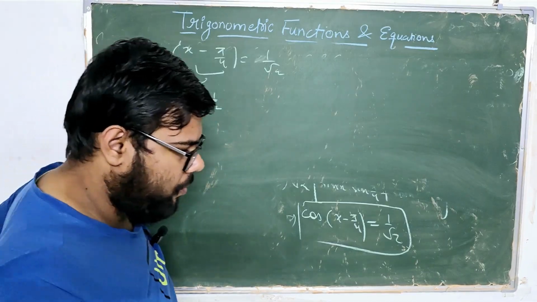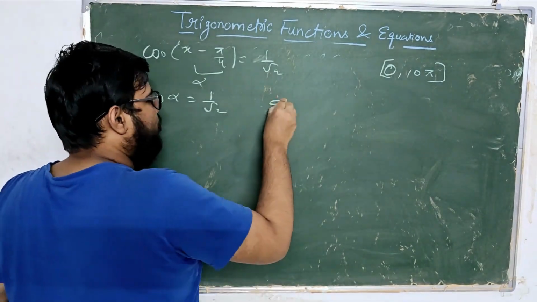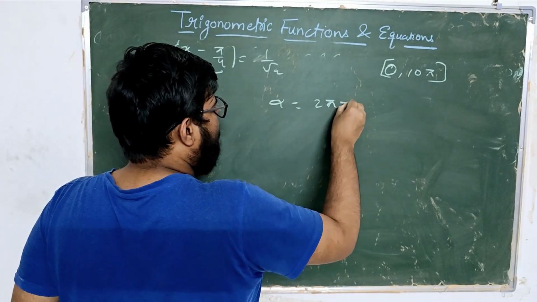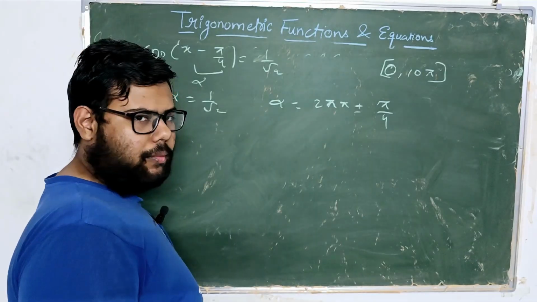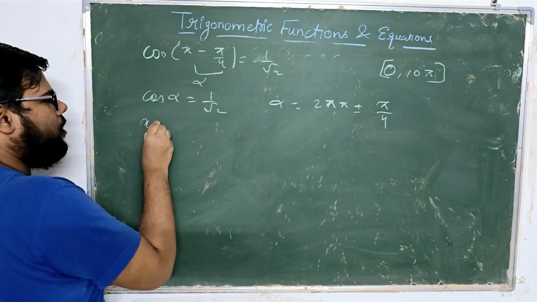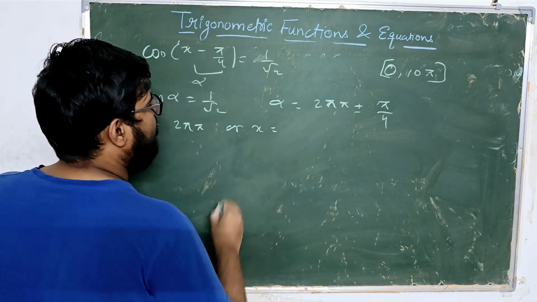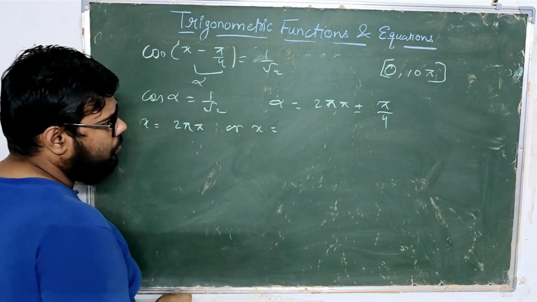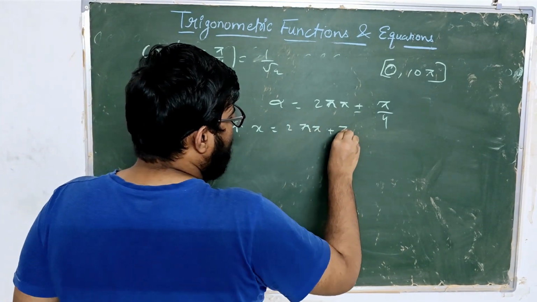The root of cos alpha equal to 1 by root 2 is alpha equals 2n pi plus minus pi by 4. So you can say from here that x is equal to 2n pi or x is equal to 2n pi plus pi by 2.